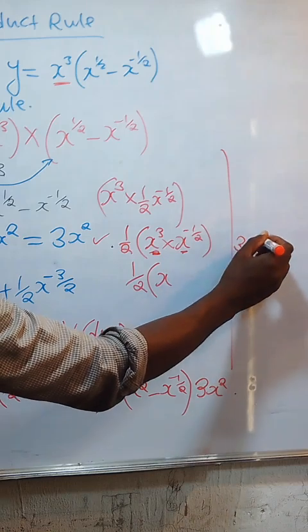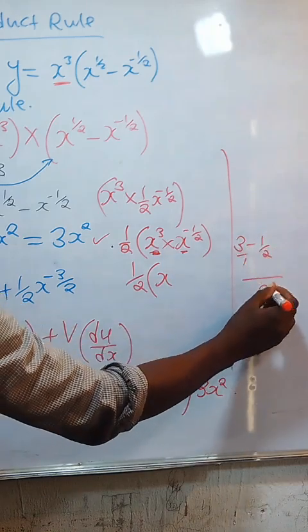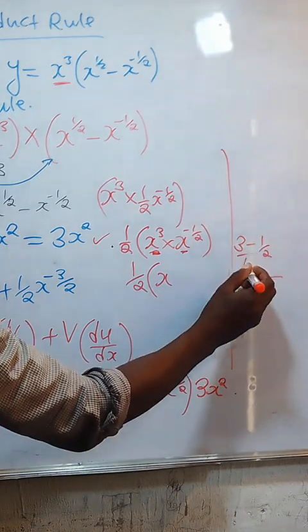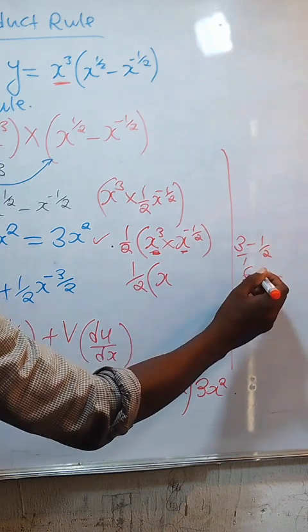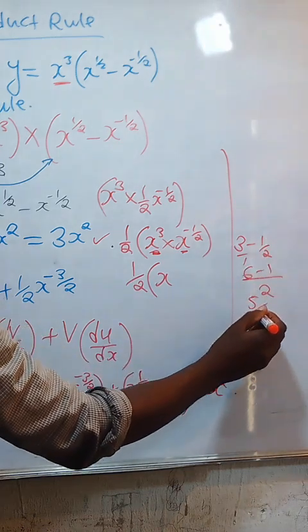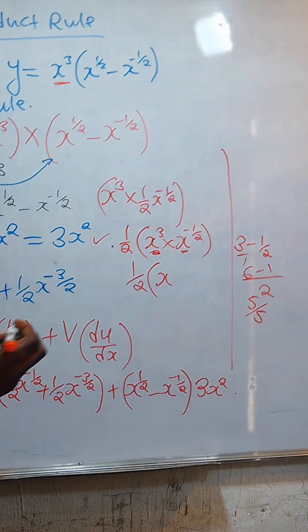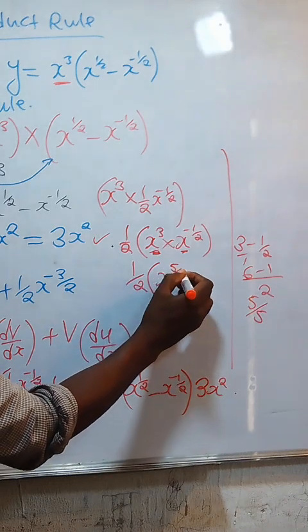Three minus this over that. So this is 2. 1 into 2 is 2 times 3, 6. 2 into 2 is 1 times negative 1 is this. Then you have 5 over 2. So this implies that the power is actually 5 over 2. Okay. So this will remain as half x to the power 5 over 2.